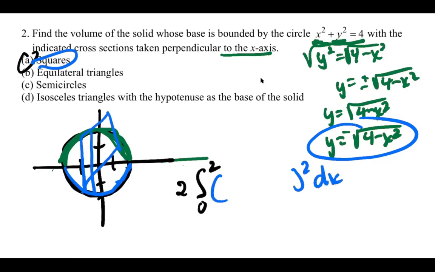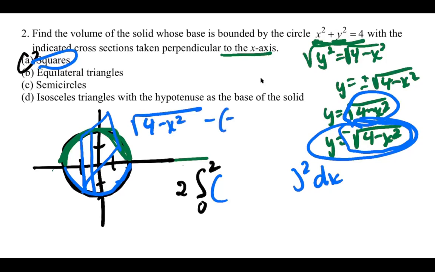All right, so the green minus the blue. It's going to give me square root of 4 minus x squared minus negative square root of 4 minus x squared, which gives me 2 of these. All right, which makes sense because it's this much doubled.